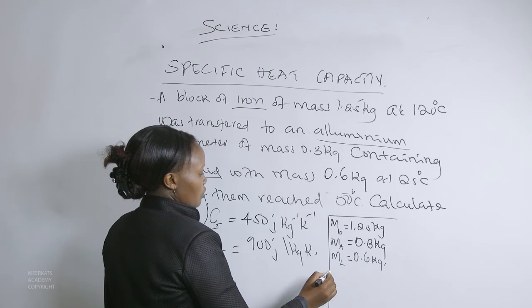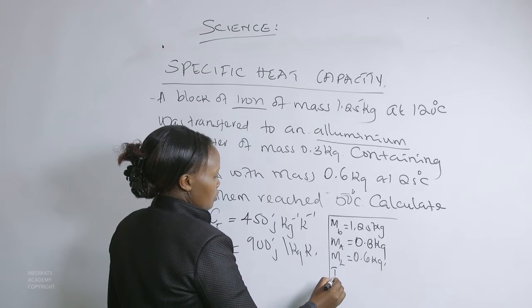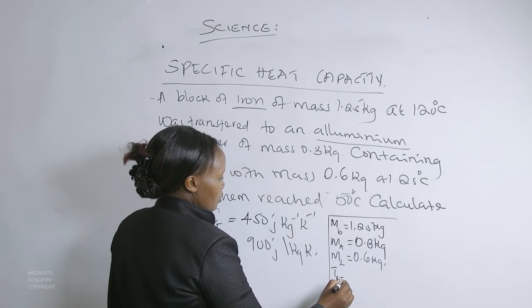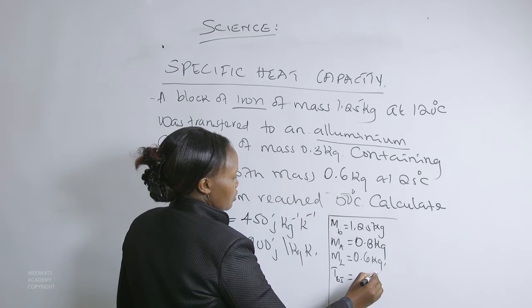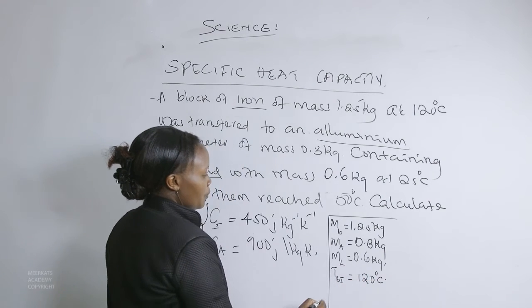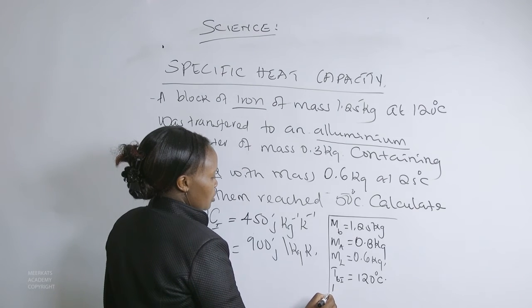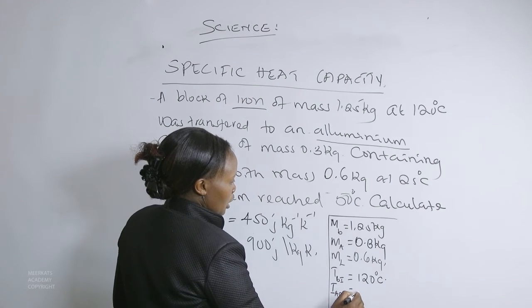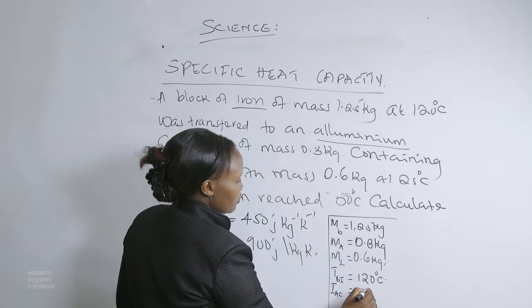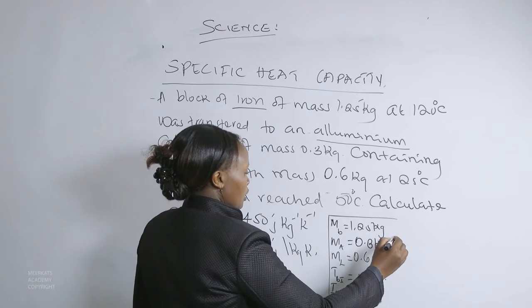Initial temperature of the block is 120 degrees centigrade. Initial temperature of the aluminium calorimeter is 25 degrees centigrade.